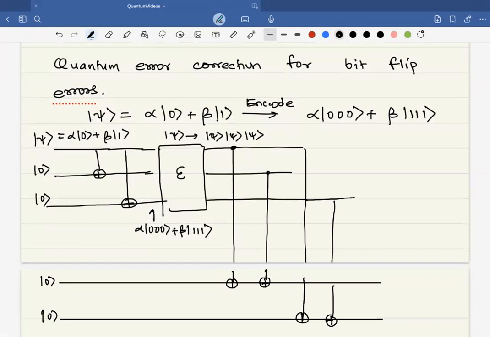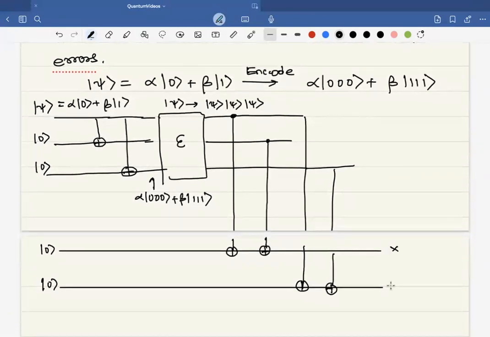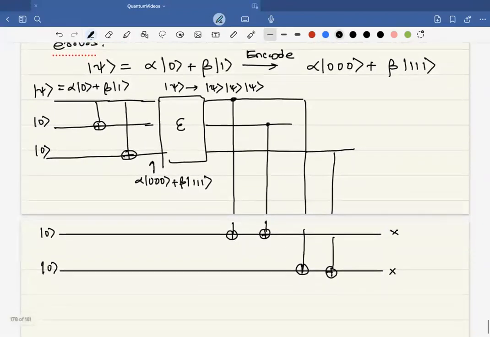And so the syndrome detection happens over here. So this part is the syndrome detection. And then one can have the error correction based on these bits, based on the parity check of the 3 bits.